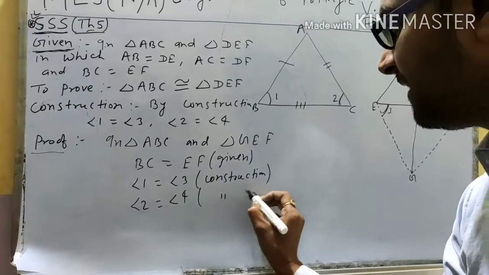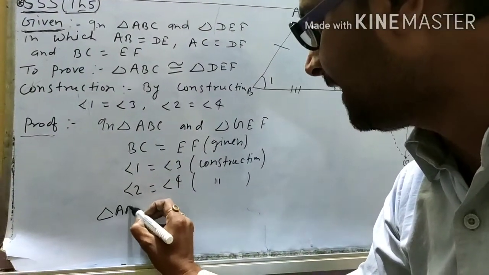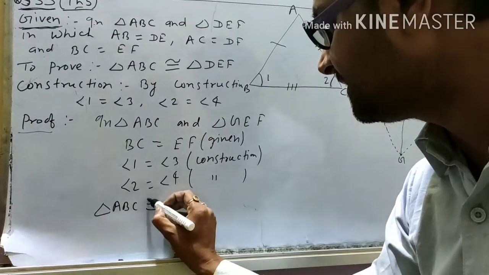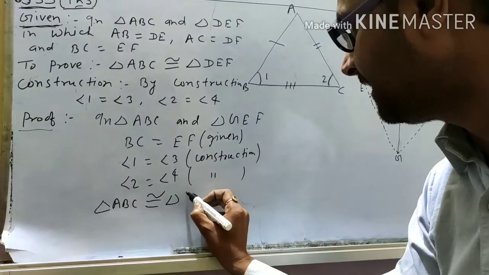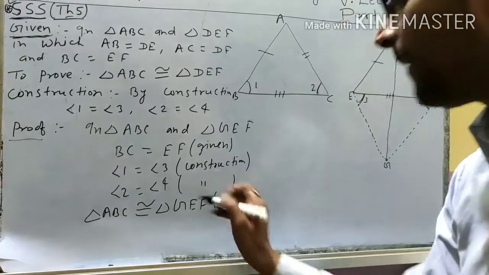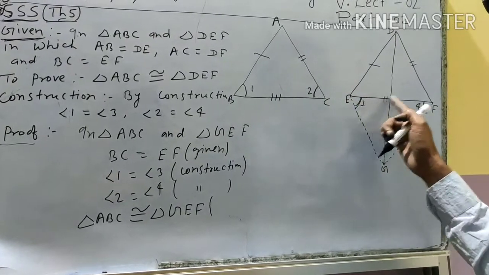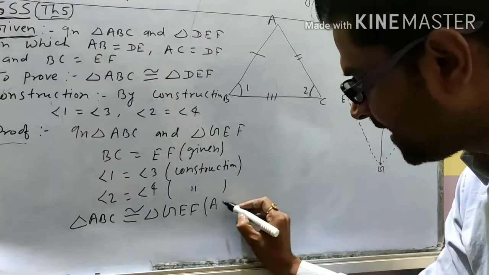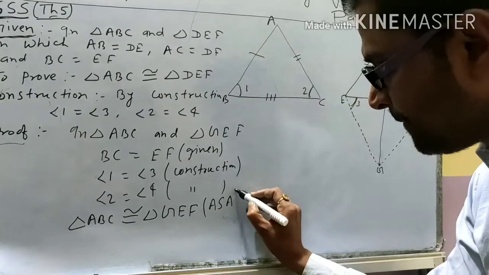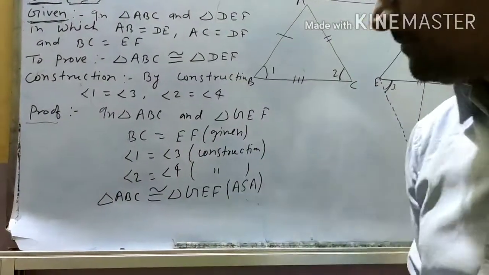This is also a construction. So here written, triangle ABC is congruent to triangle GEF. By which process? Angle side angle. By angle side angle criteria, these two triangles are congruent.